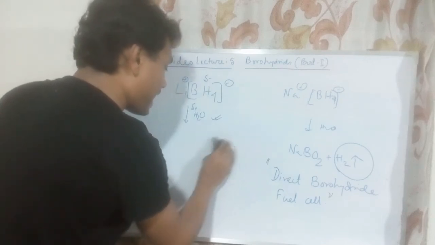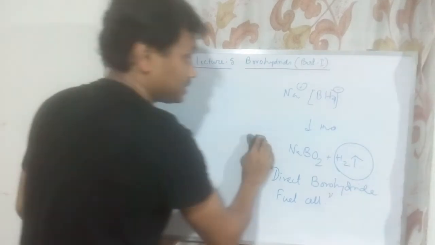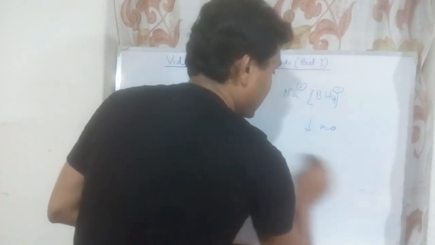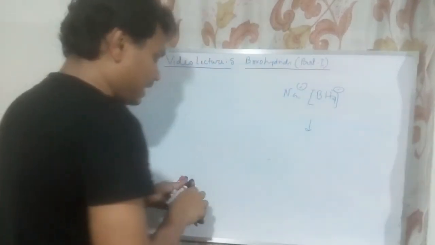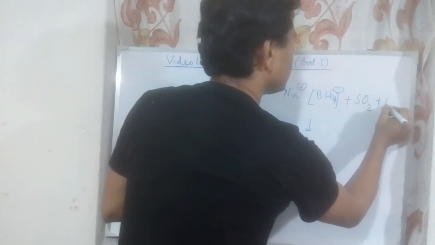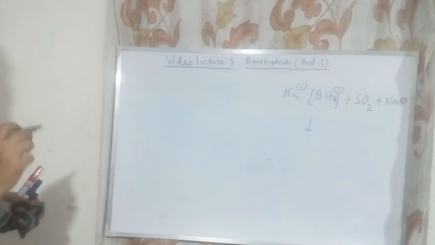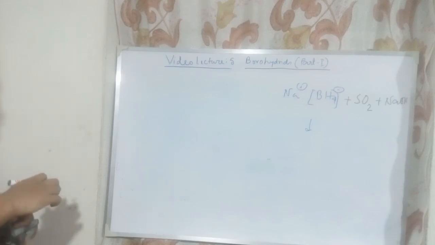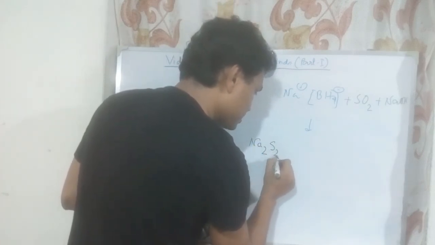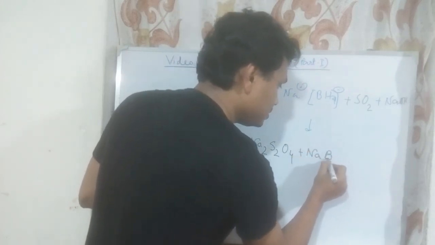Right now there is another application of sodium borohydride, not lithium borohydride, that is specially sodium borohydride. Sodium borohydride reacts with sulfur dioxide in alkaline solution to produce sodium dithionite and sodium borate. Sodium dithionite means Na2S2O4 and sodium borate NaBO2.